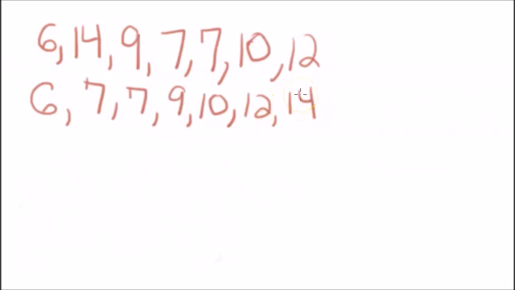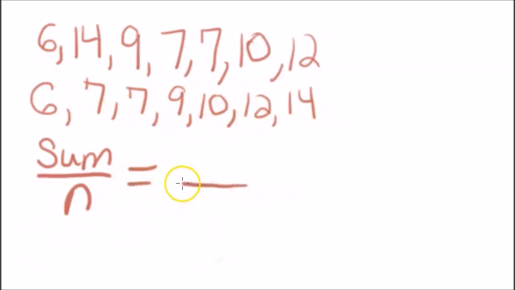Now let's find the mean. Well, as a reminder, the mean is the sum of everything in the data set, all the numbers in the data set, divided by the amount of numbers in the data set. So in this instance, it's going to be 1, 2, 3, 4, 5, 6, 7.